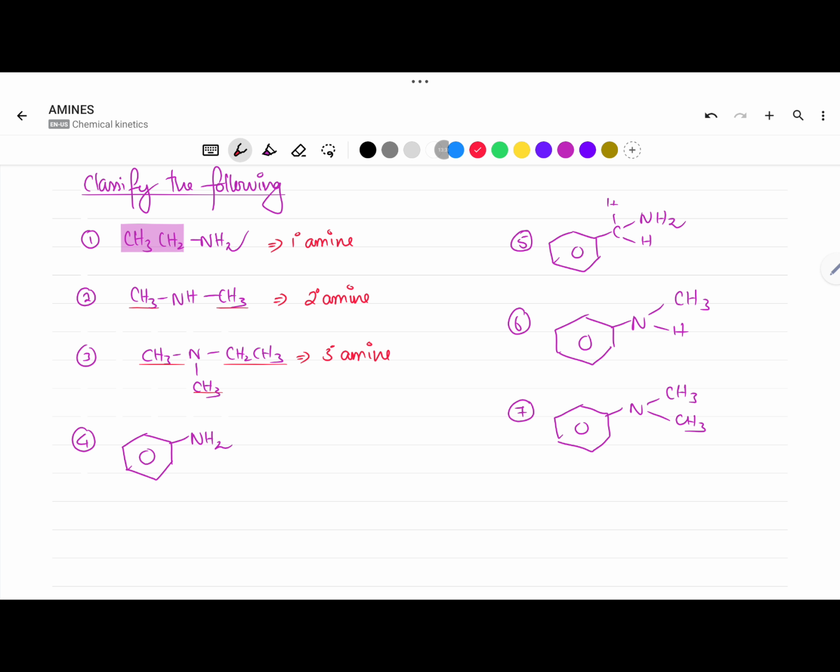So this is an aryl amine, a primary aryl amine. This one is a primary amine, but it is alkyl. This is also alkyl, this is also alkyl. What about this one? This is your primary alkyl amine. What about this one? This is a secondary amine but aryl.